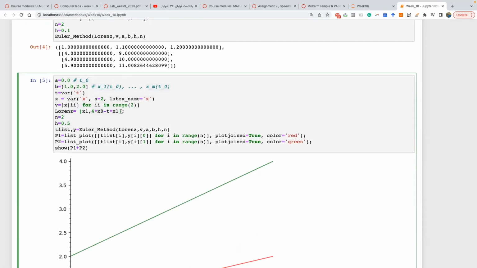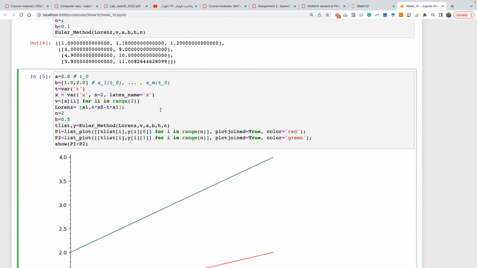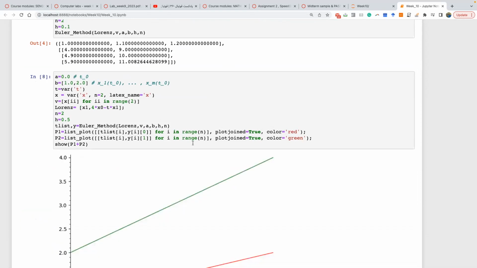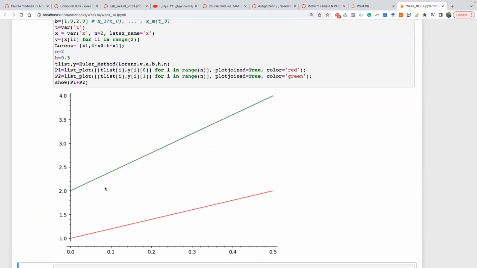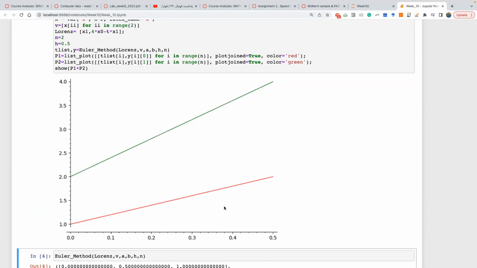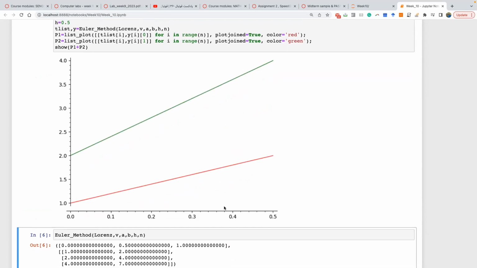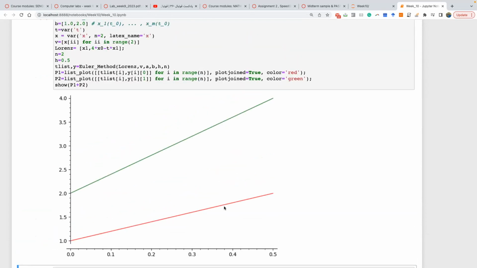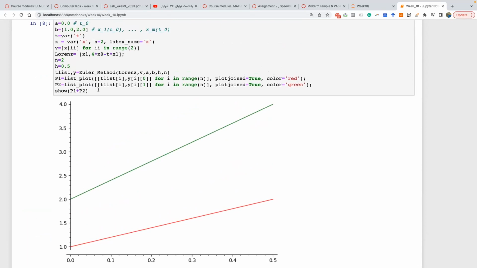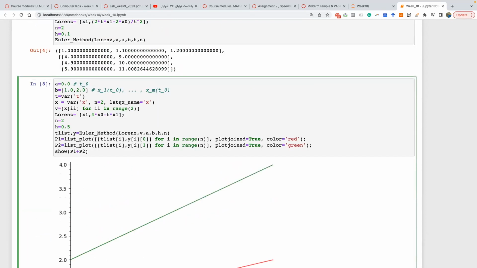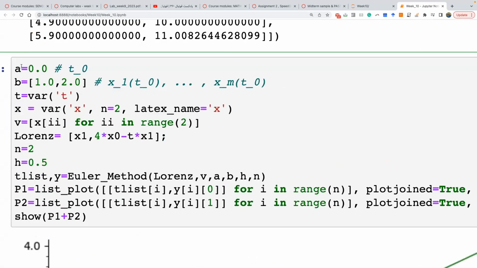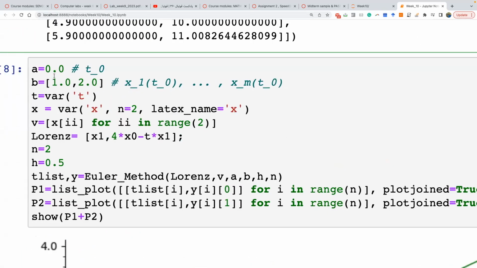Can I use the Euler method here? Yeah. So the green part is Z2, the red part is Y or Z1. So you can have this one. All right, so A is 0, 0.